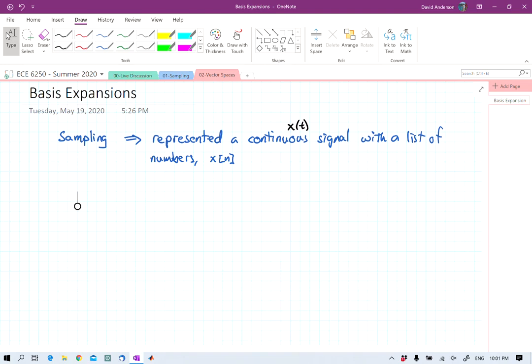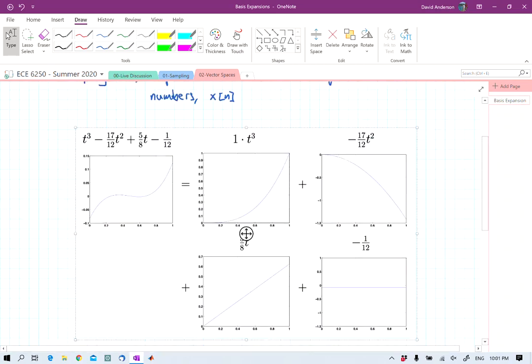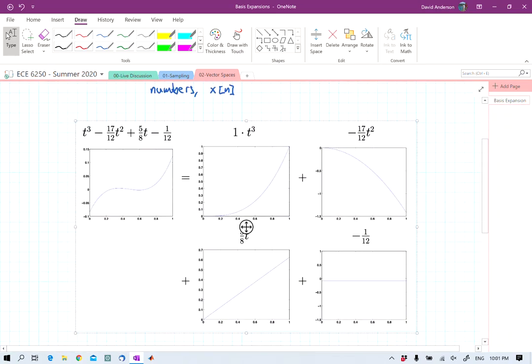So there are other ways that we can take a continuous signal and come up with a list of numbers. One of them, right here, you may be familiar with. We have here an interval from 0 to 1, and in this first block we have a continuous signal represented by this polynomial.